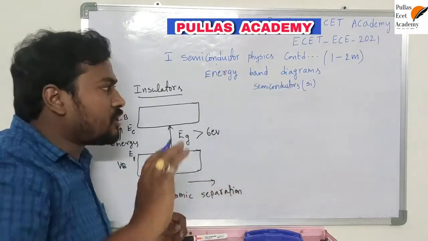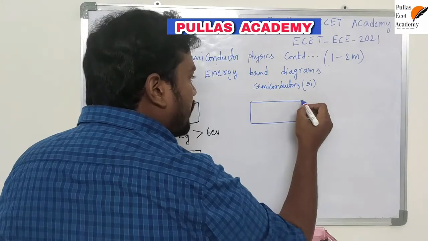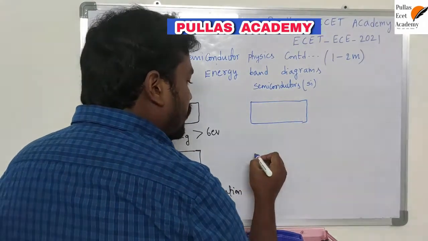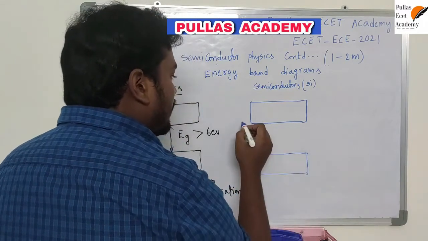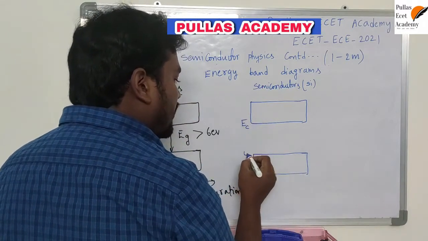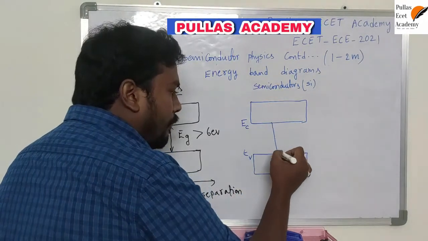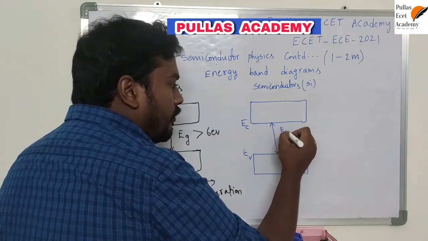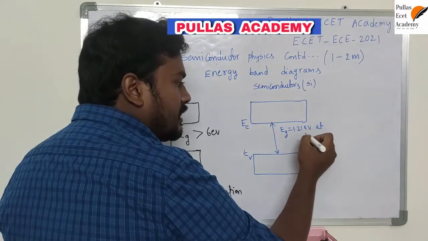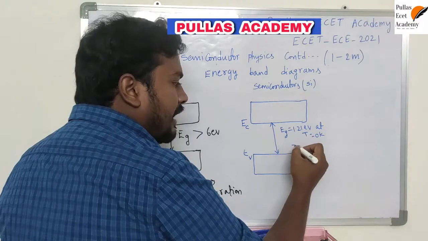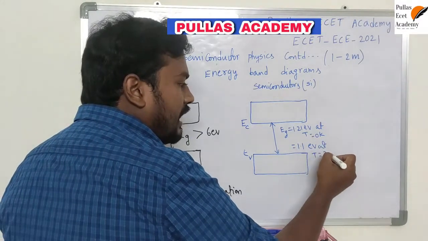So you have conduction band, valency band, so this is EC and this is EV. This energy gap for silicon will be 1.21 electron volt at T equal to 0 Kelvin and 1.1 electron volts at T equal to 300 Kelvin.